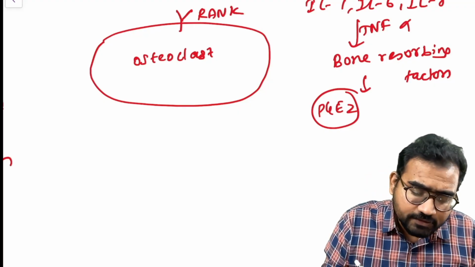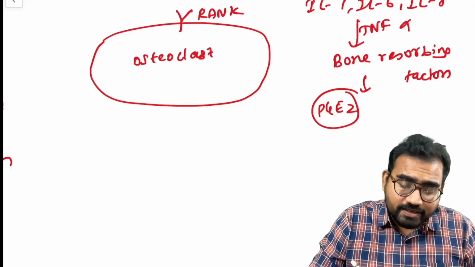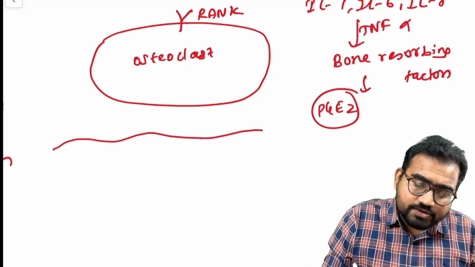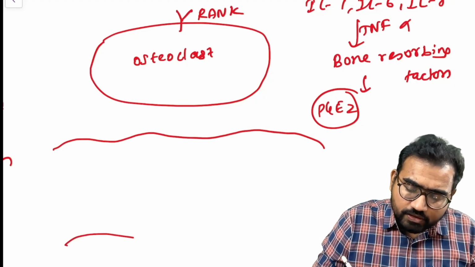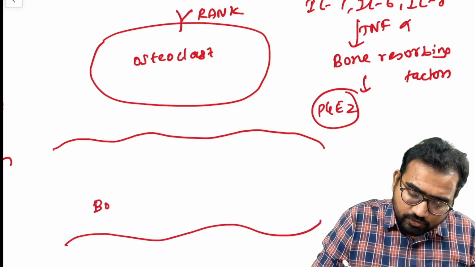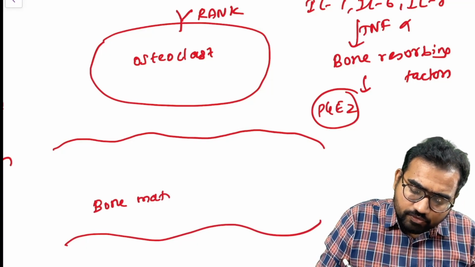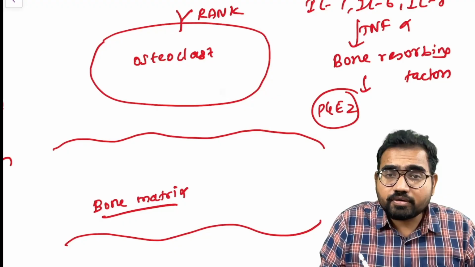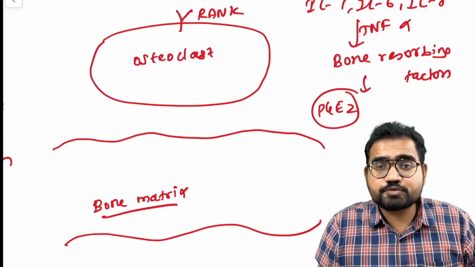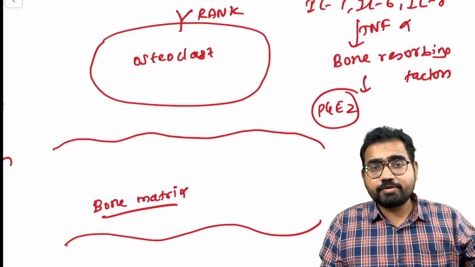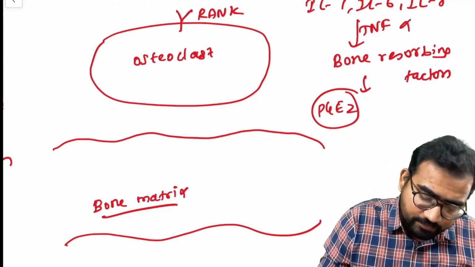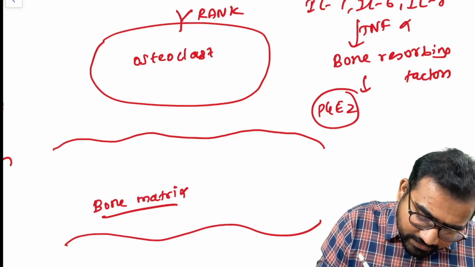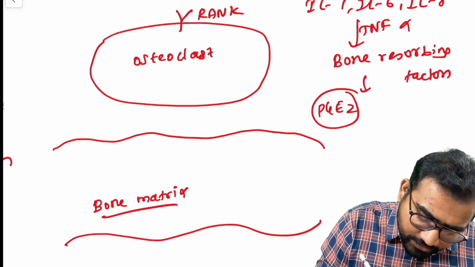So what will happen is there is going to be attachment of the osteoclast over the bone matrix. Say for example this is the bone matrix. After expressing RANKL, interaction between RANK and RANKL takes place, right? So it goes and attaches to the bone matrix.